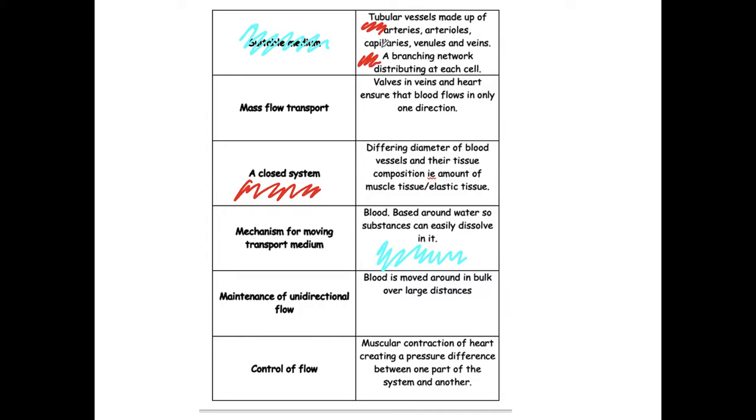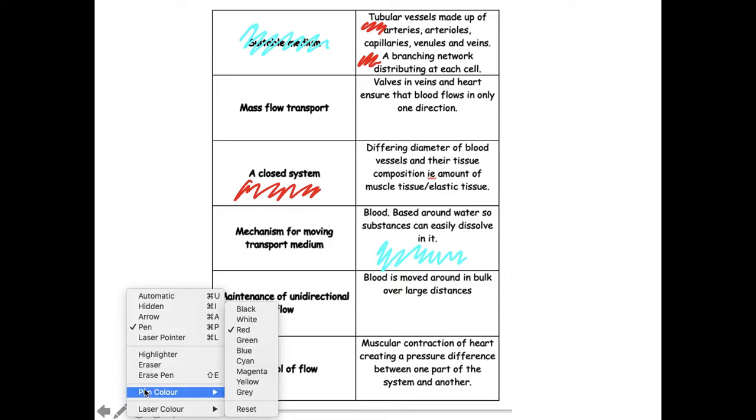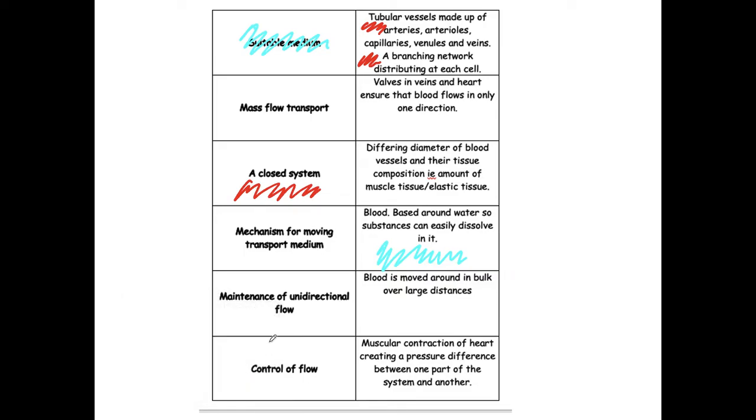Maintenance of unidirectional flow, which is this one, is to do with valves in veins and venules. So can we find a description that's talking about valves? Valves in the veins and the heart. You're going to be looking at the heart in a lot of detail in the next couple of lessons.